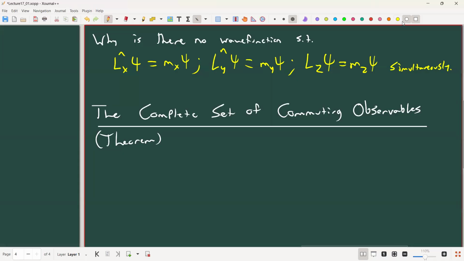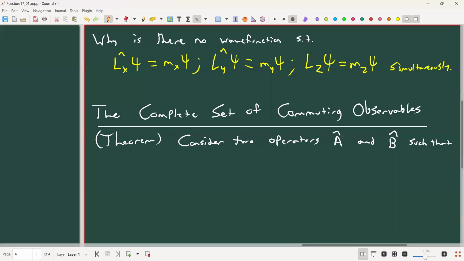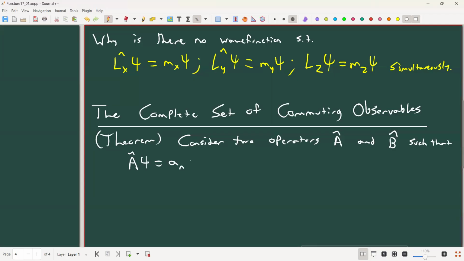The theorem is this. Consider two observables, two operators, A and B, such that A on some wave function gives you A sub n, psi n, and B psi n gives you B sub n, psi n. All right.